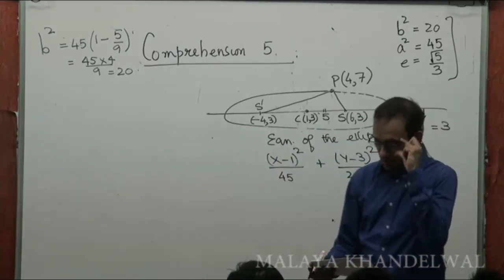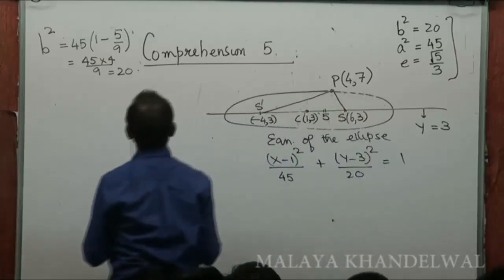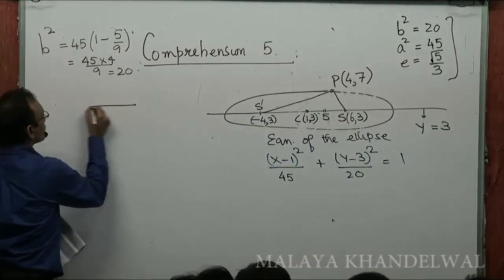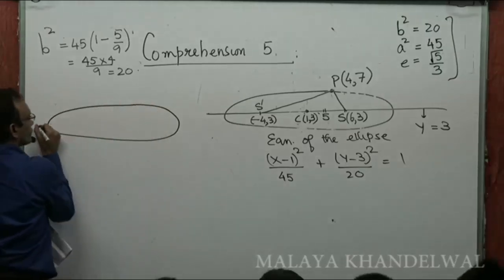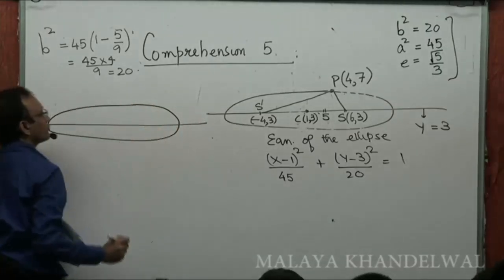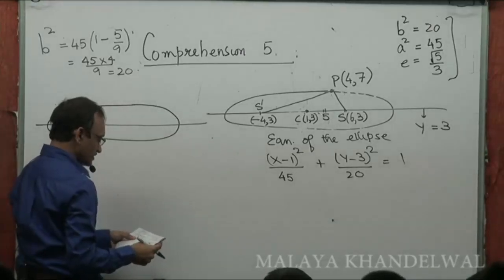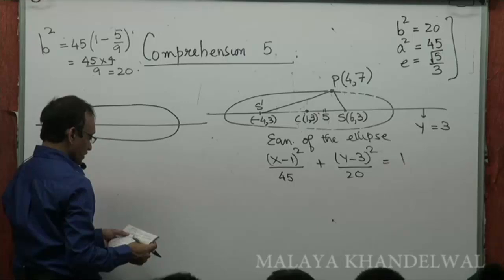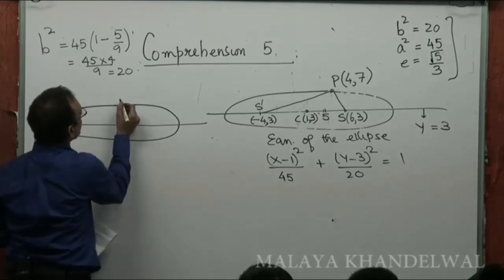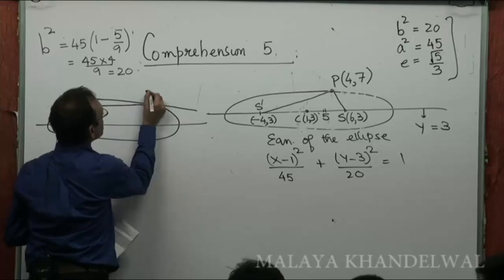Now, the next part of the problem is the point of intersection of the lines joining each focus to the foot of the perpendicular from the other focus upon the tangent at P. So, at P I draw a tangent.